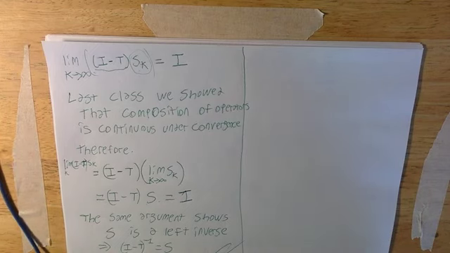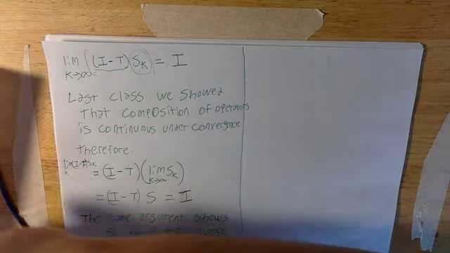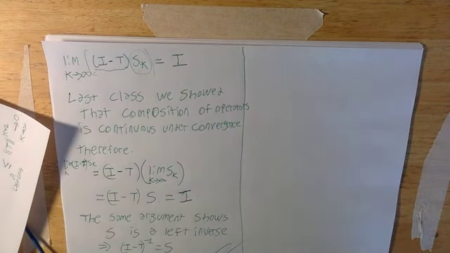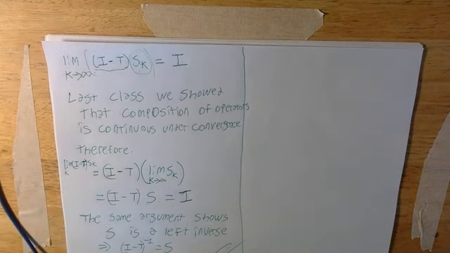I guess a couple of comments here. In a sense, this is just telling you if you have an operator which has norm strictly less than 1, then you can take I minus t and actually get that this is invertible. Okay, so this is the statement of this.